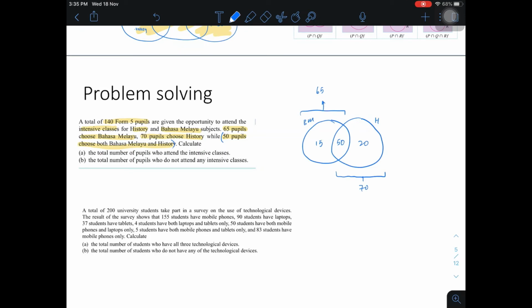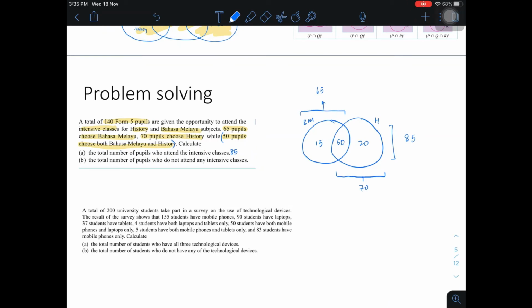And then you get the people that took the intensive class, which is 85. When you combine all this, that means adding up 15, 50 and 20, you get 85, which you got your first answer. That is the total number of people who attended your intensive class.